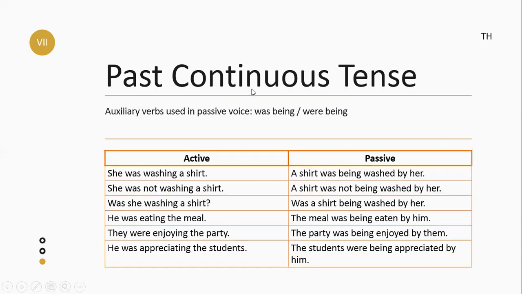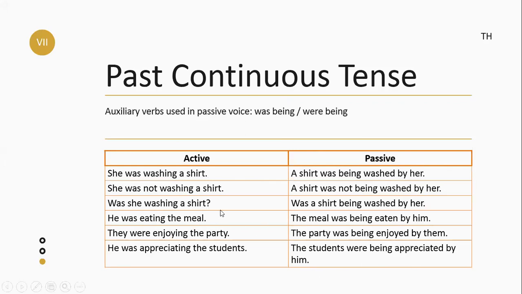Yeah, so this is exactly what I talked to you about. Past continuous tense. The auxiliary verbs used in passive voice are was being and were being, right? So if it's a sentence, or a negative sentence, and also a question, right?